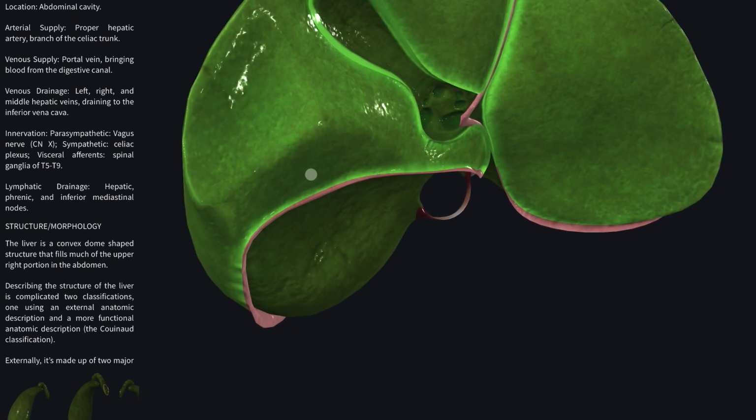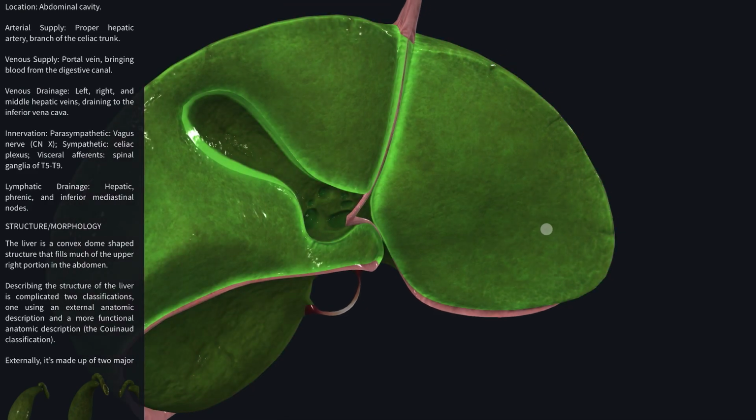Slightly behind that, we're going to see this renal impression over here on this side. That's going to be our gastric impression from the stomach. Right there, number three in the coloring textbook, that's going to be your quadrate lobe.